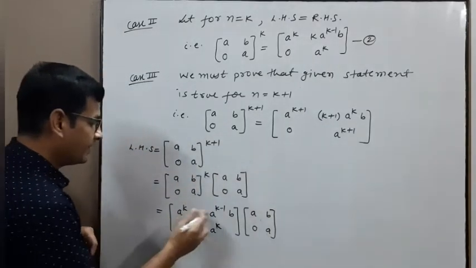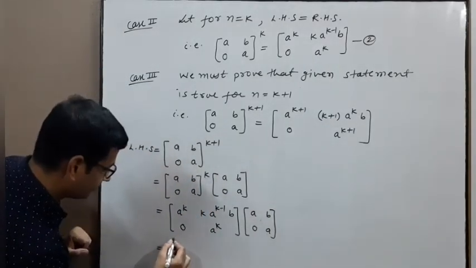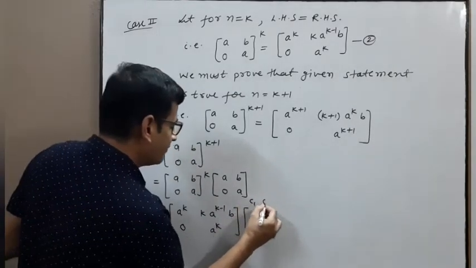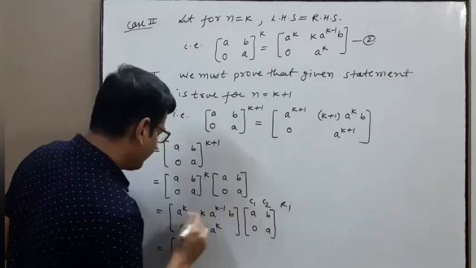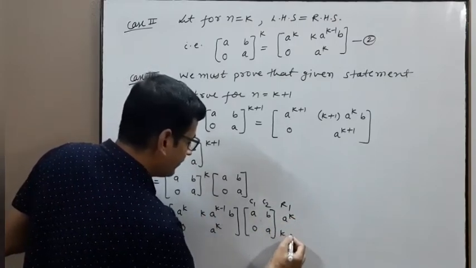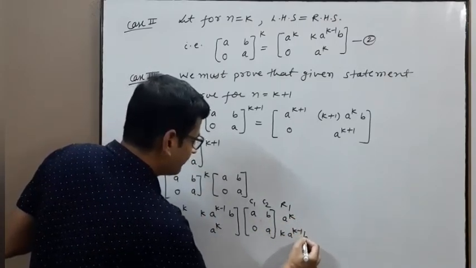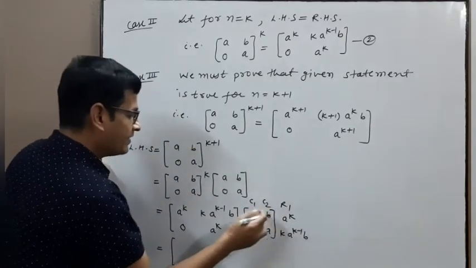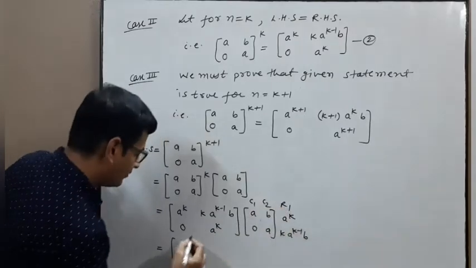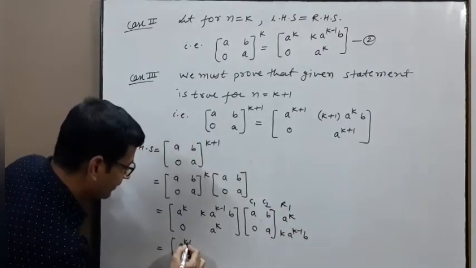Now multiply this into this. Multiply row by column, C1, C2 and R1. R1 means A to the power k and k A to the power k minus 1 into B. R1 C1: A into this, so A to the power 1 into A to the power k, so A to the power k plus 1.